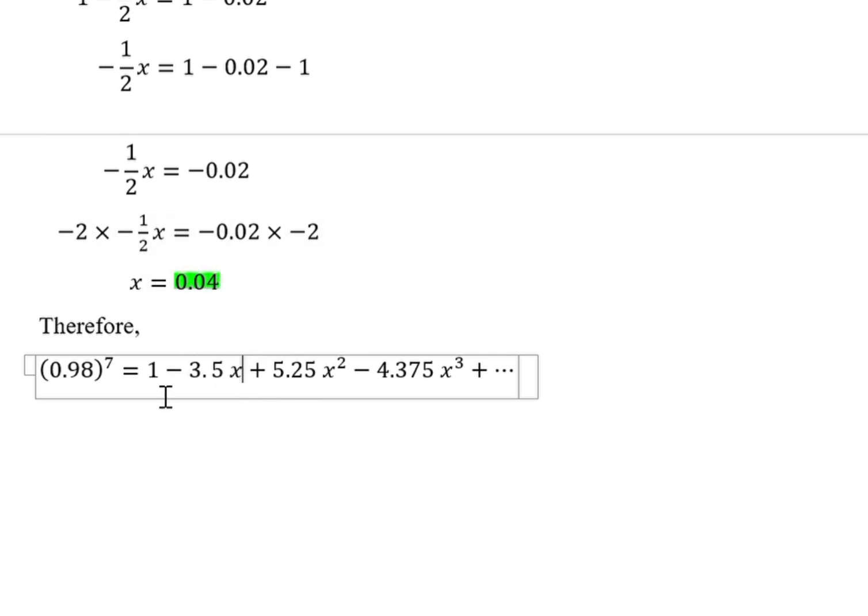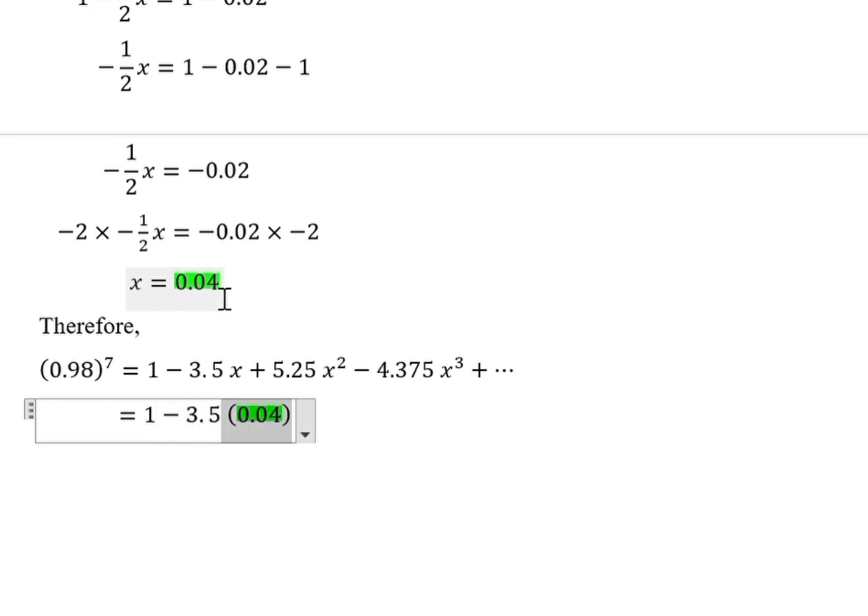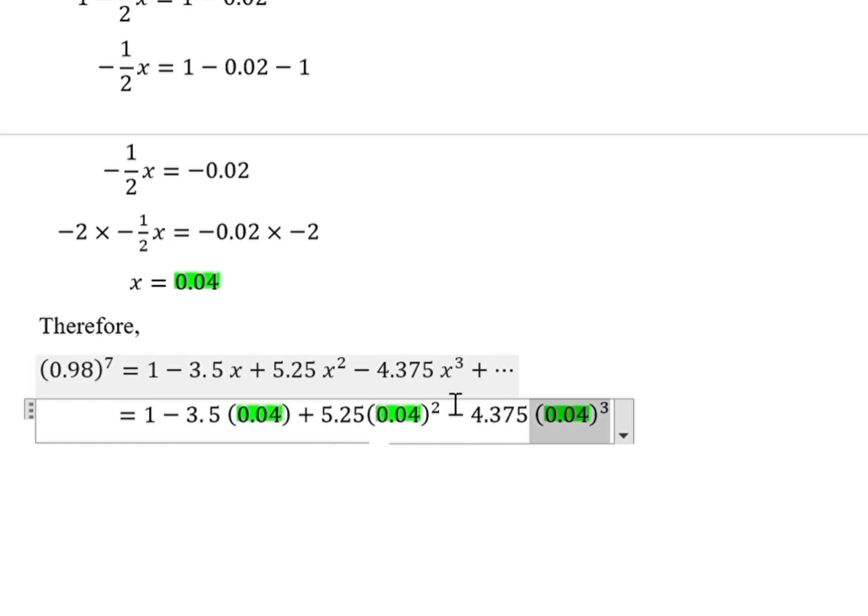So we shall have this being equal to 1 minus 3.5 into, there's an x here, substitute it with 0.04, plus 5.25. There's an x squared here, so take 0.04, square it, minus 4.375 into 0.04 cubed. And then from here, of course, we simplify whatever that we have.